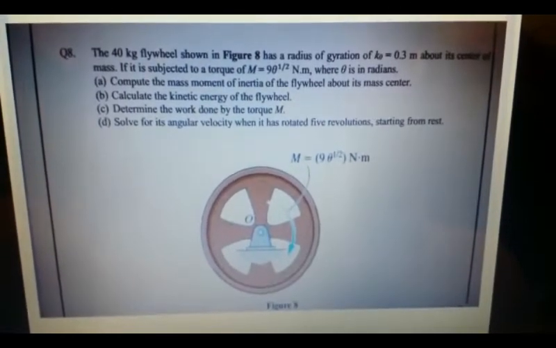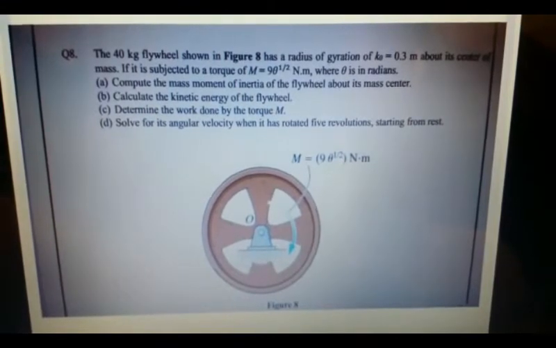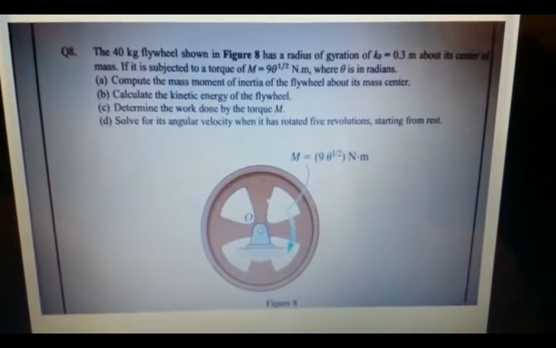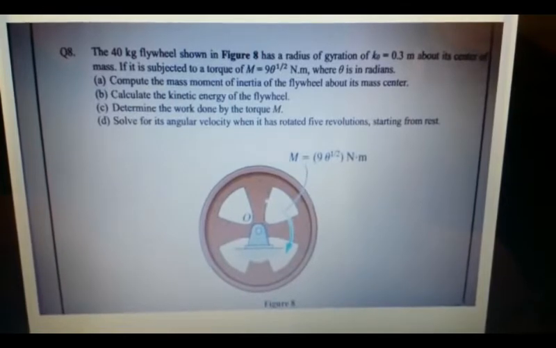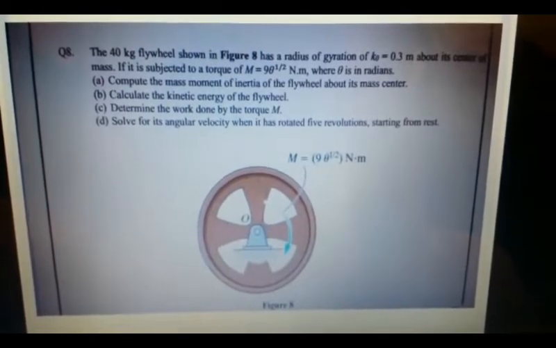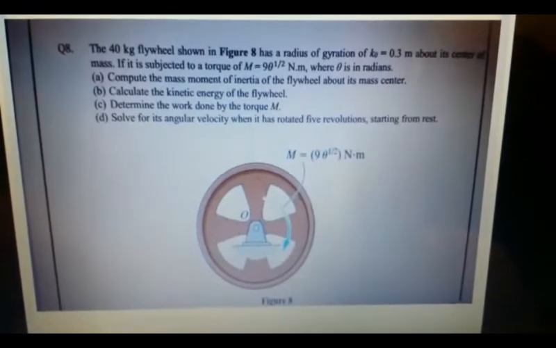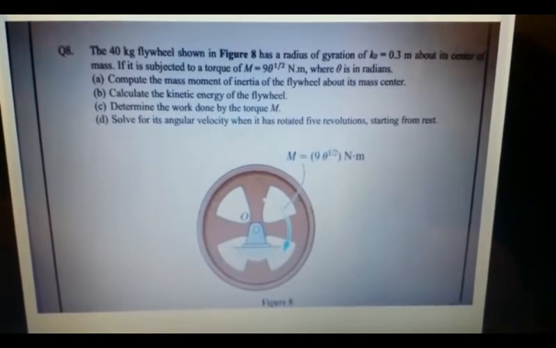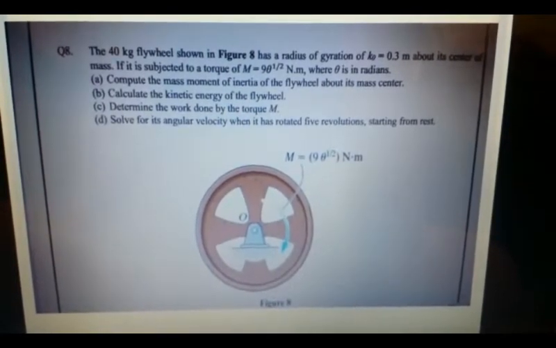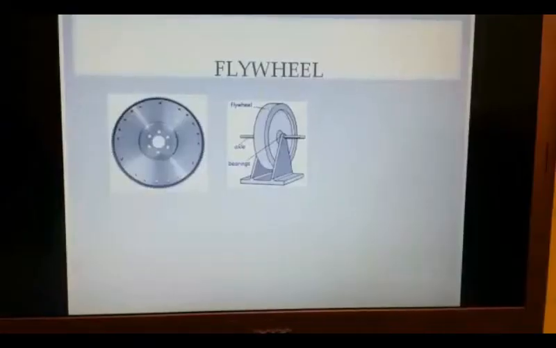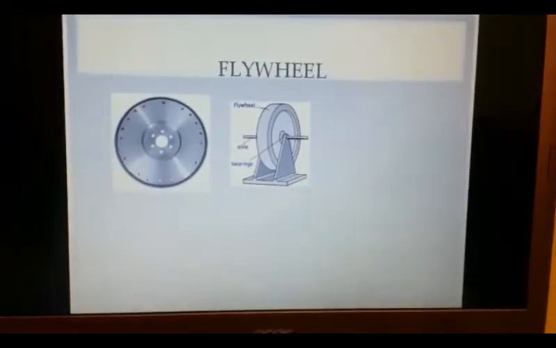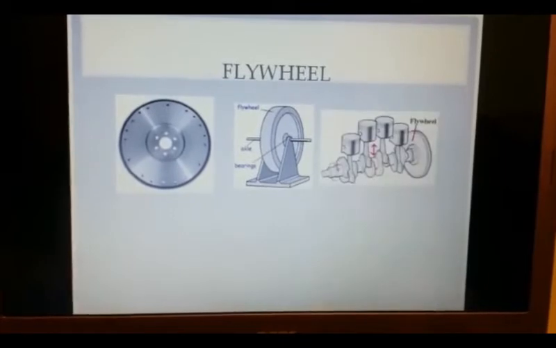A, compute the mass moment of inertia of the flywheel about its mass center. B, calculate the kinetic energy of the flywheel. C, determine the work done by the torque M. D, solve the angular velocity when it has rotated 5 revolutions starting from rest.